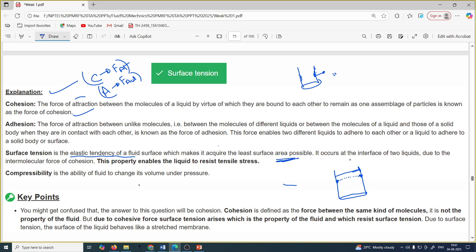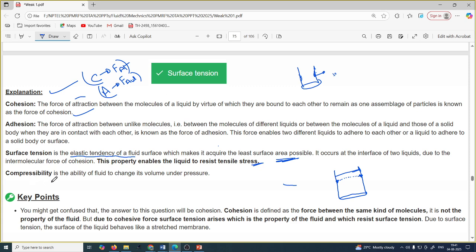It occurs at the interface of two liquids, remember please, due to the intermolecular force of cohesion. This property enables the liquid to resist tensile stress. Always remember these things. So your correct option will be surface tension.